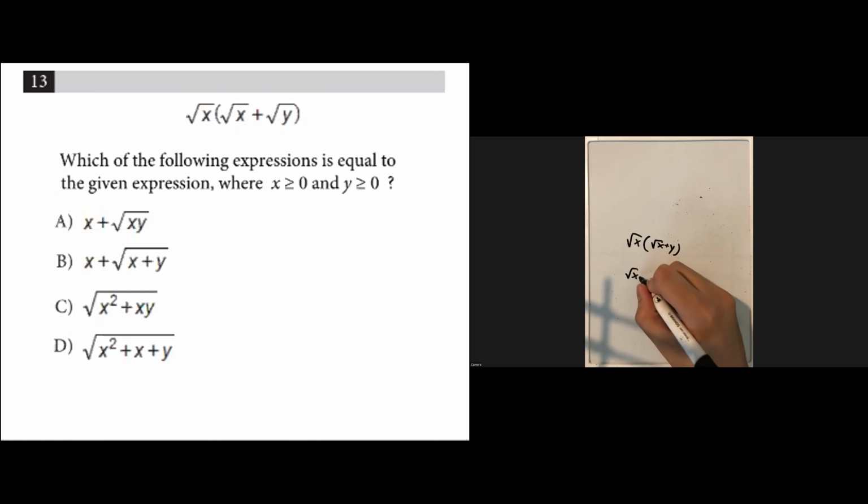So root x times root x just becomes x, plus root x times root y would just become square root of xy, which would end up becoming answer choice A.